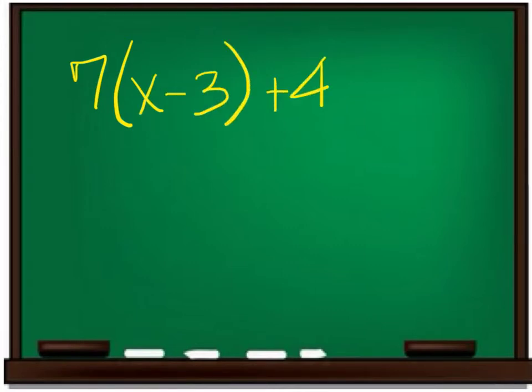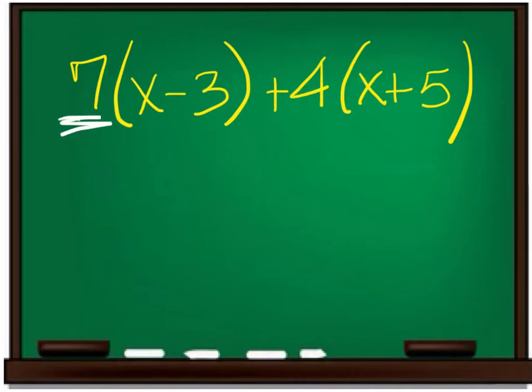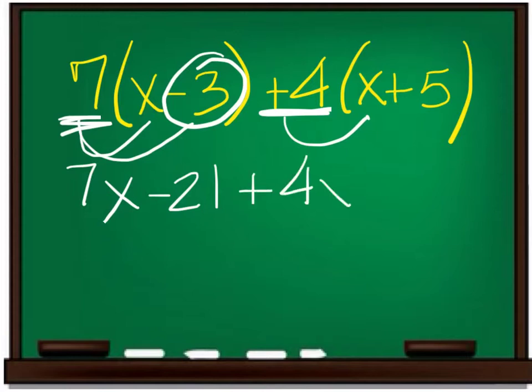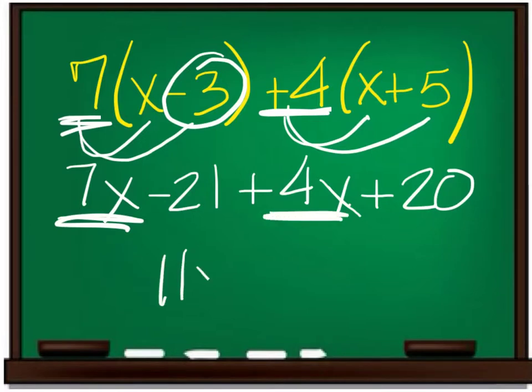Example 2. You have to multiply through by the 7. 7 times x is 7x. 7 times minus 3 is minus 21. 4 times x is 4x. And 4 times 5 is 20. 7x plus 4x is 11x.